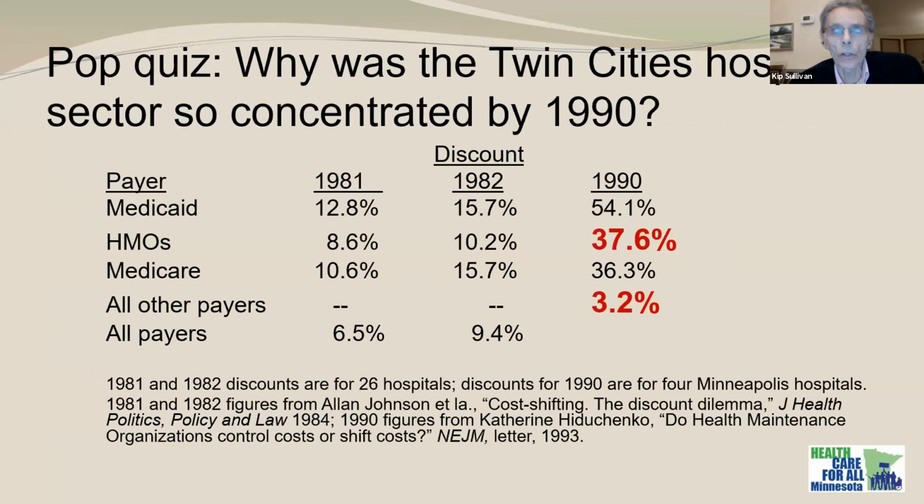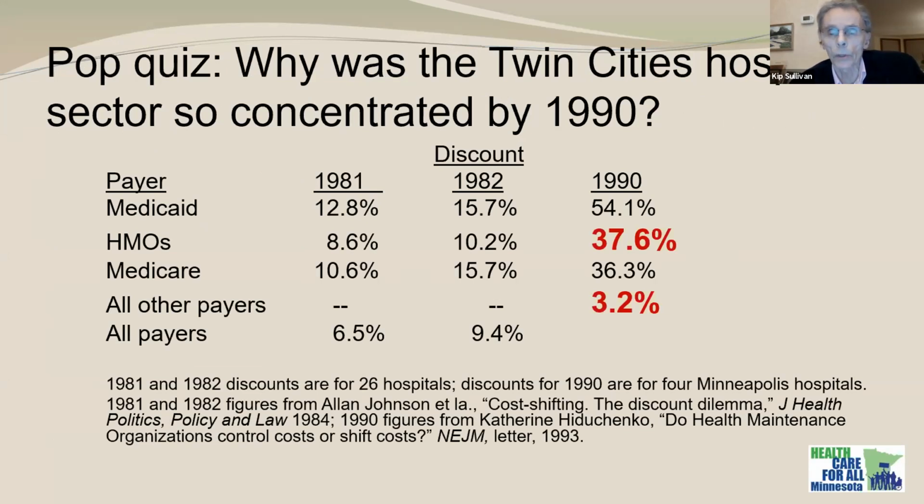Answer: the HMOs had gotten so big, and because they controlled large populations, they could tell them where to go or not to go. They were extracting enormous discounts from the hospitals, almost 38%, compared with almost no discounts that the other traditional insurance companies were getting.